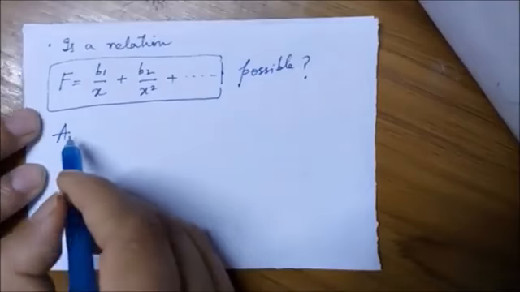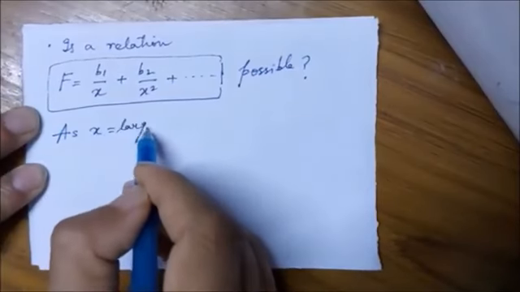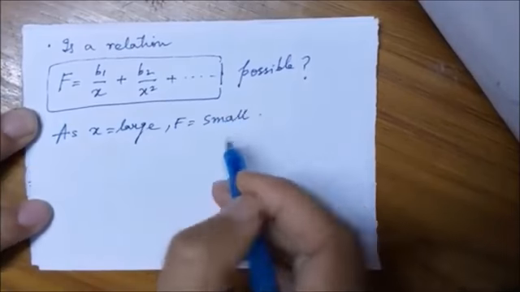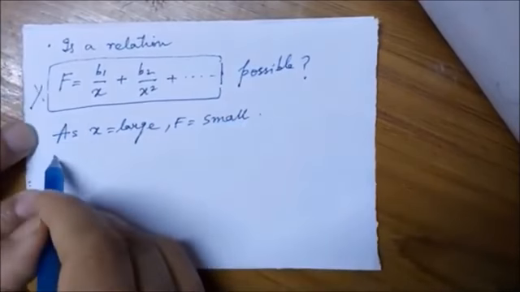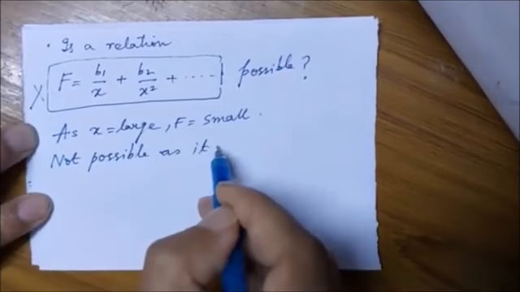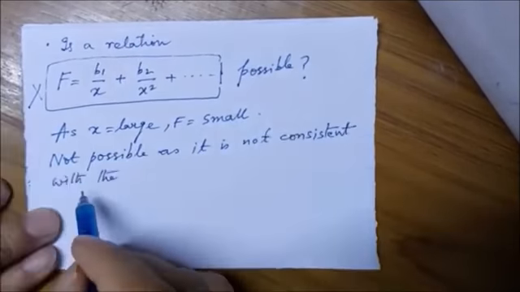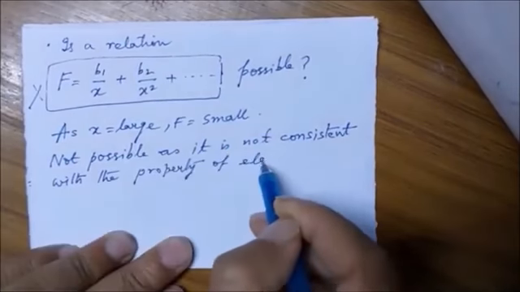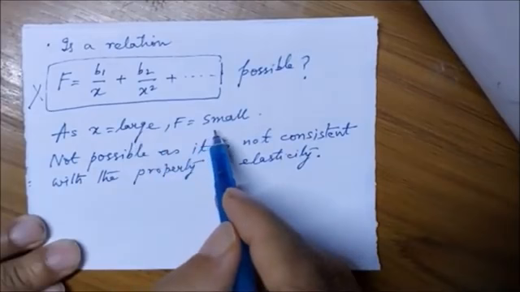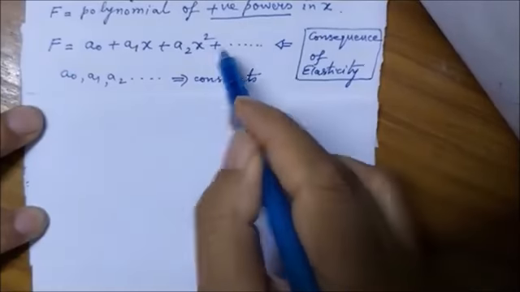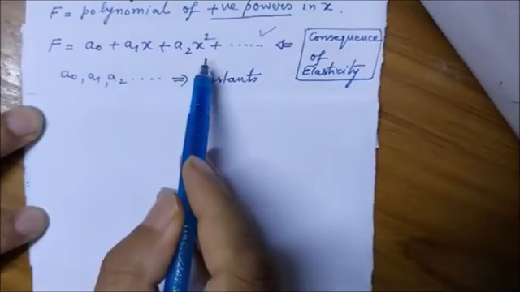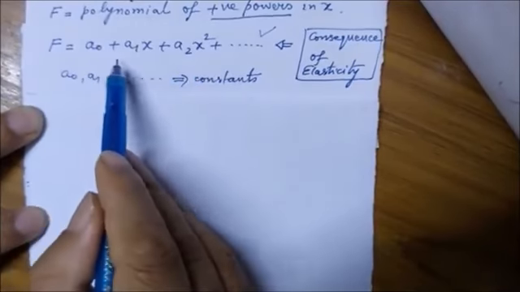We see that as x is large, F becomes smaller. So this means this type of relation is not possible, as it is not consistent with the property of elasticity. Because clearly this is not what property of elasticity predicts. So let us accept this relation, but we have to fine tune it. We have to check whether this form is alright, or we have to make further corrections.